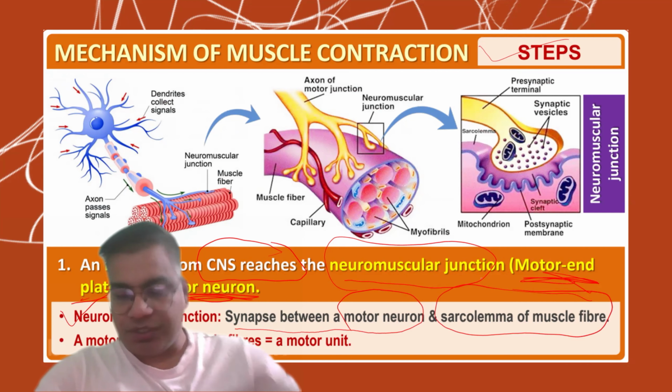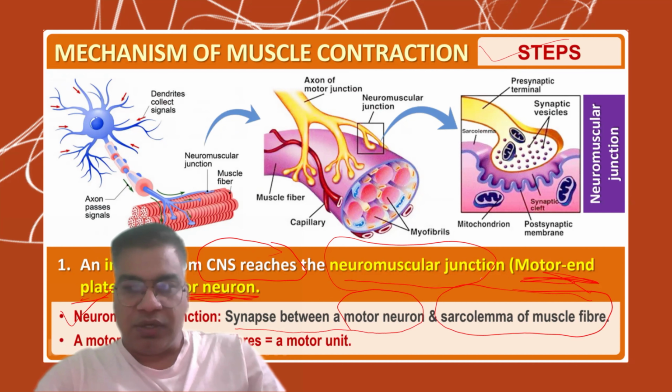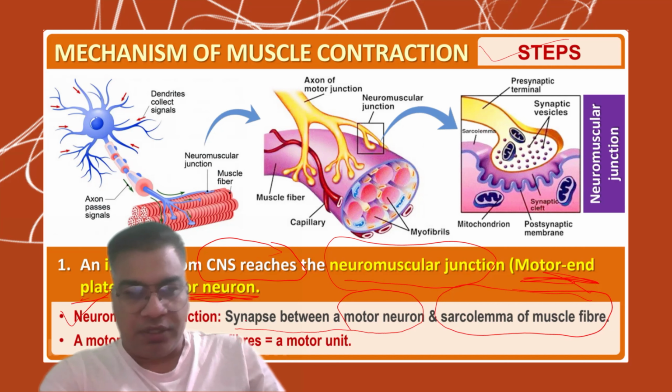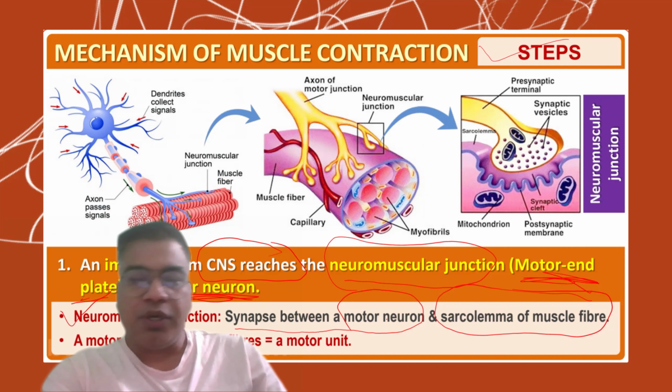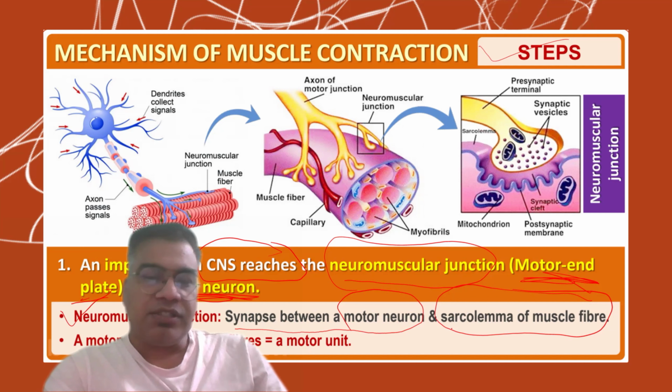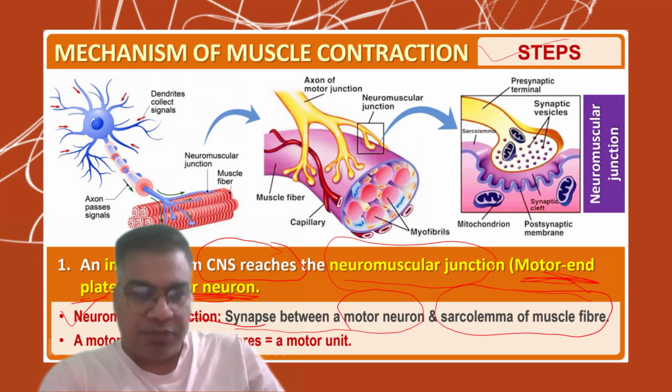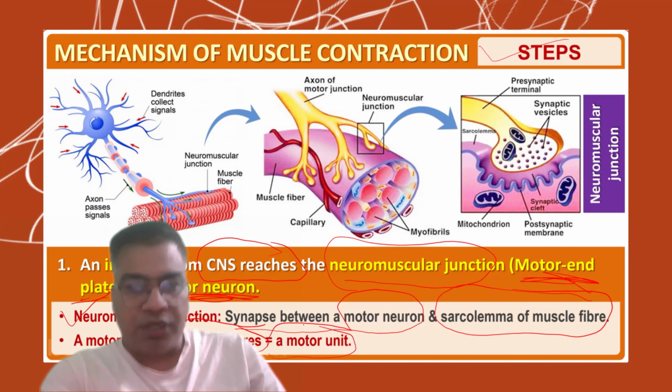So it is a junction between nerve cells and muscle fibers. At the microscopic level, we can call it a synapse between the motor neuron and the sarcolemma of the muscle fiber. A motor neuron plus muscle fiber we can call a motor unit.